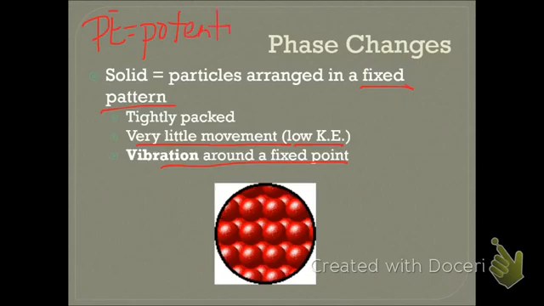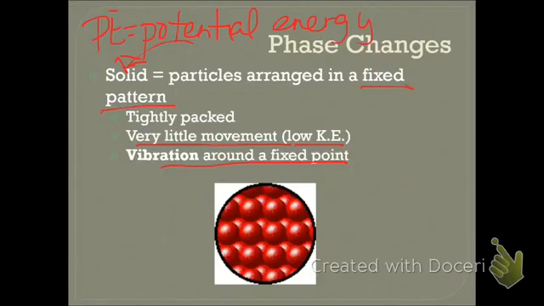The potential energy is locked into this solid. That energy wants to get out. So while that energy is in there, while there's very little movement, there is a high potential energy holding those particles in that fixed pattern. And so they're vibrating to get out.